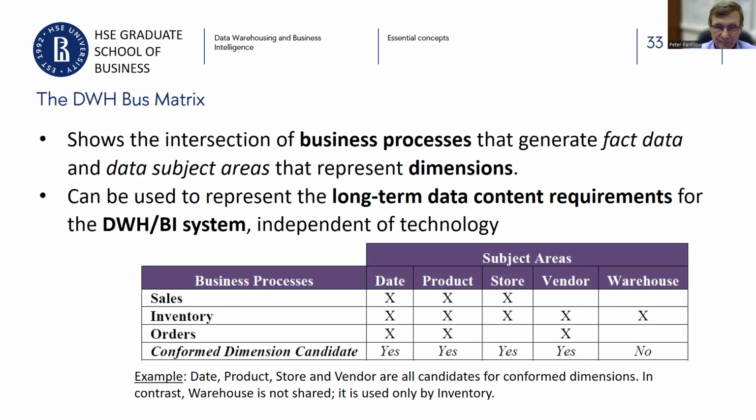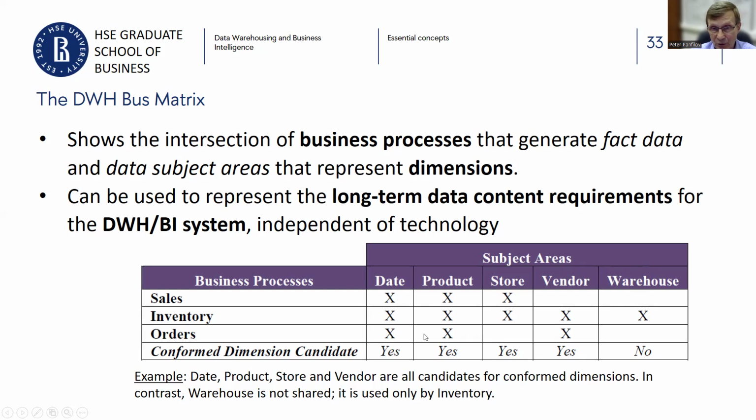But at the same time, if you look at warehouse data, it's not data warehouse, by the way. In any company, we can have a warehouse where we can store products, where we can store different kinds of materials, etc. In terms of this specific business, warehouse data is only needed by the inventory process.